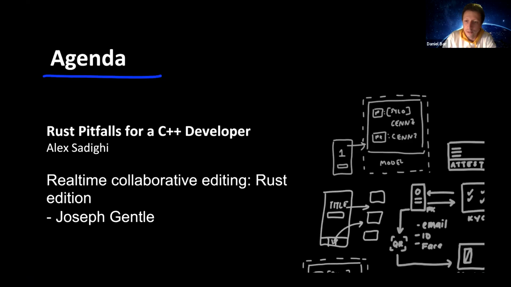I think that something that I've heard both in Centrality and in other community conversations is that a lot of the people that start developing in Rust come from the C++ background.